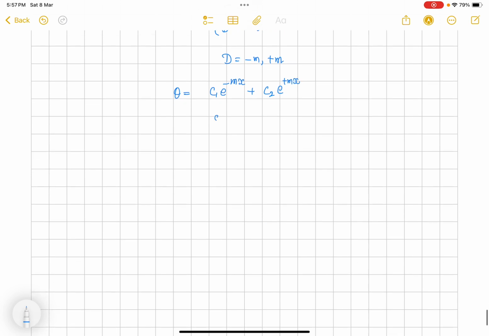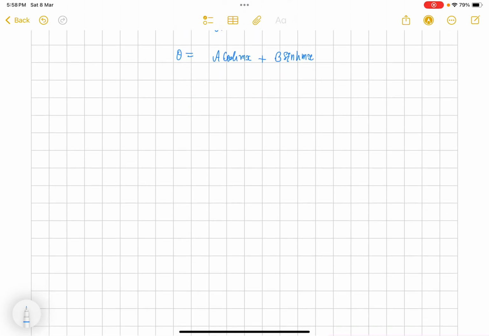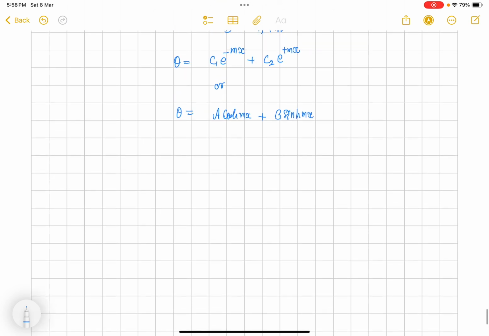Or in hyperbolic form we can write it like a cosh mx plus b sinh mx, right? So a and b, or c1 and c2, we can find by applying the appropriate boundary conditions.